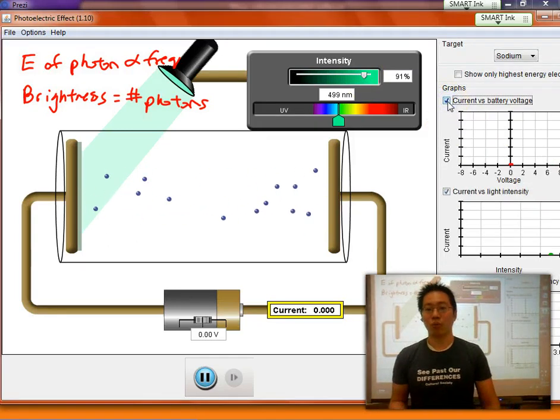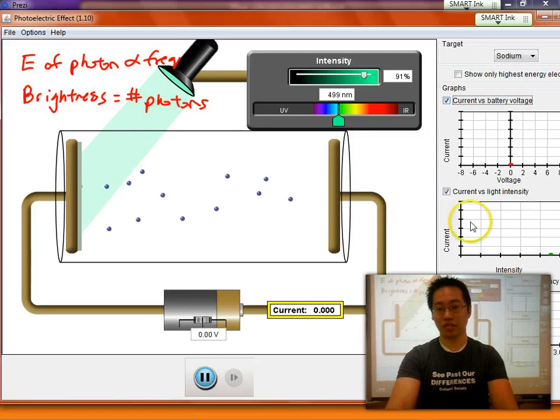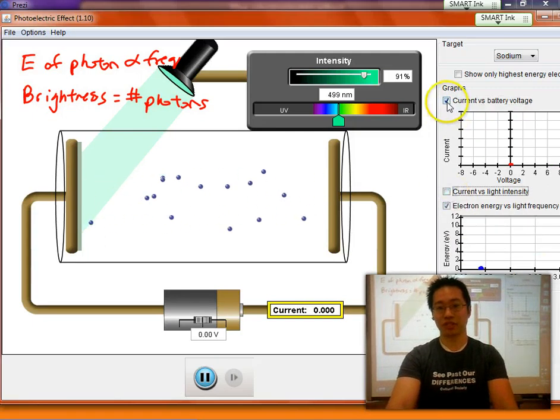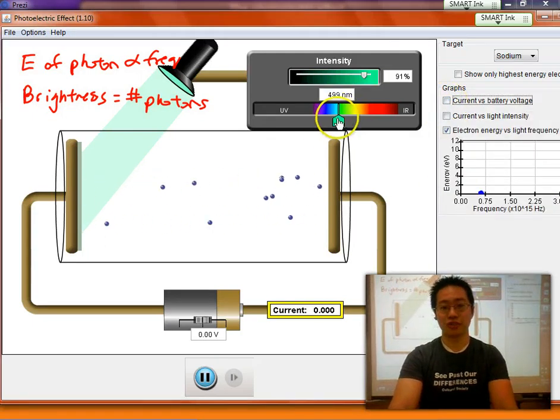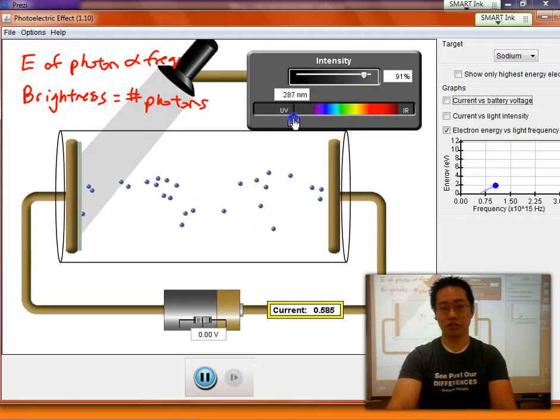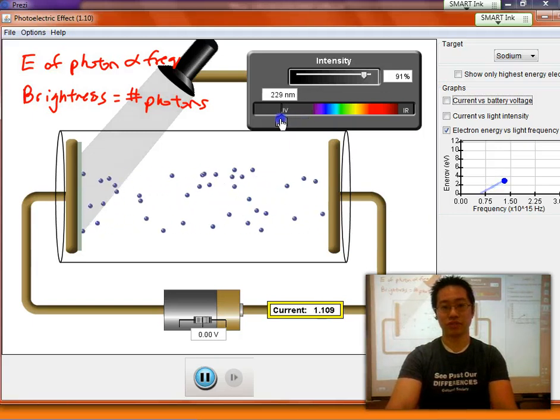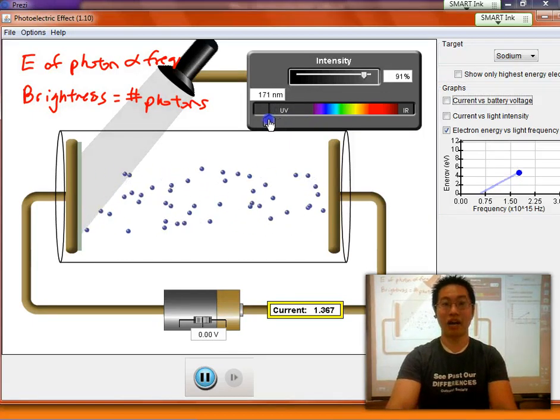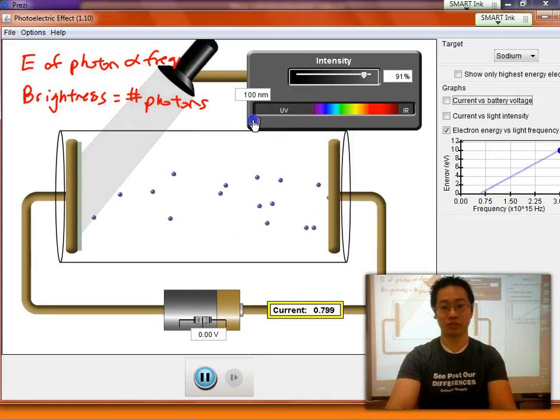okay, watch how in this bottom graph over here, as you increase the frequency, you increase how much energy those individual photons have on average. Okay?